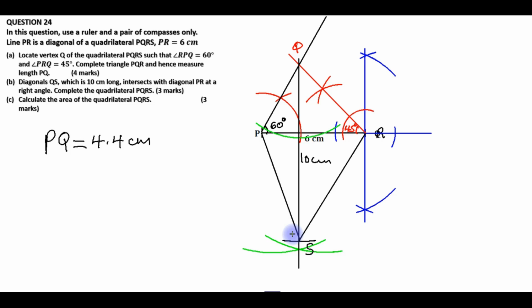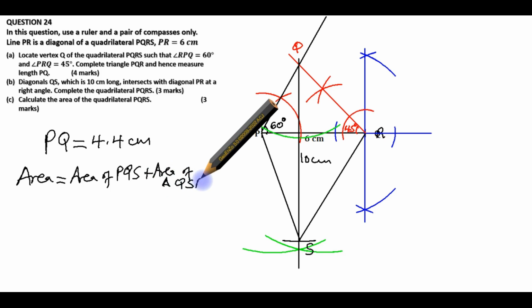So that is PQ, and then we have completed the quadrilateral and it can be seen. Then calculate the area of quadrilateral PQRS. So for the area, we can just subdivide it into two triangles: area of triangle PQS plus area of triangle QSR.